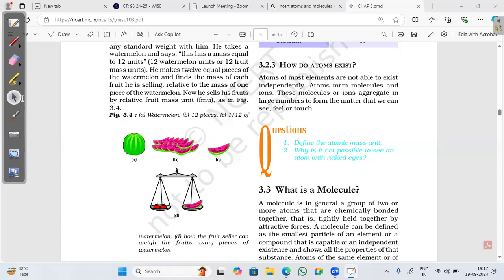Now let us see, what is a molecule? Just answer this question. Question number 2, why is it not possible to see an atom with the naked eye?